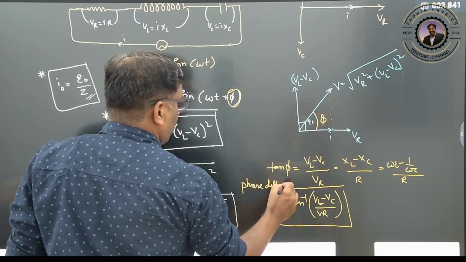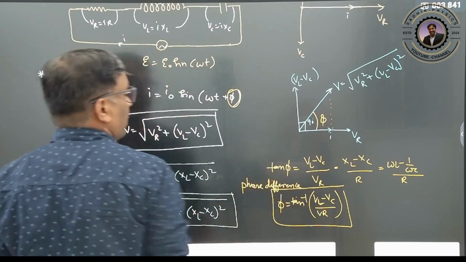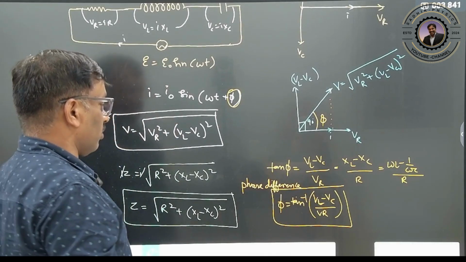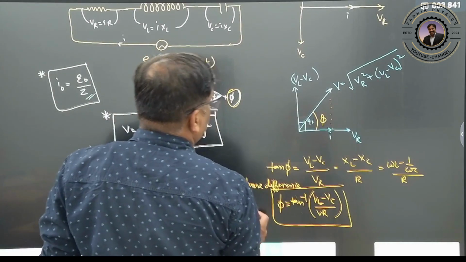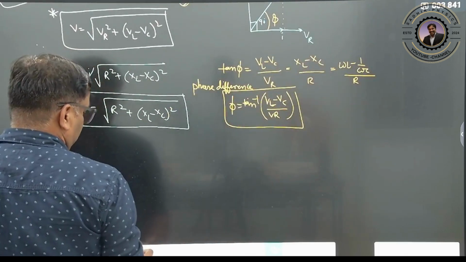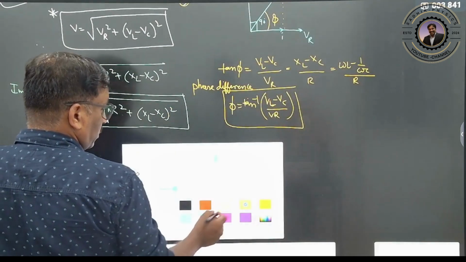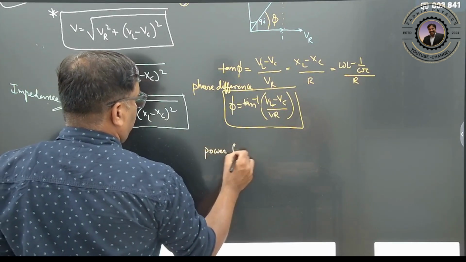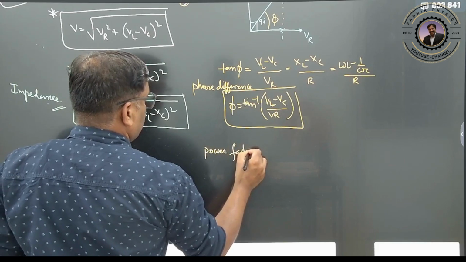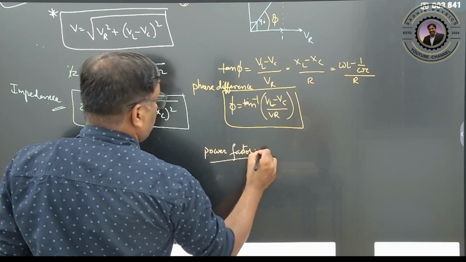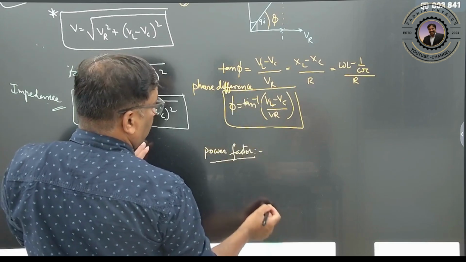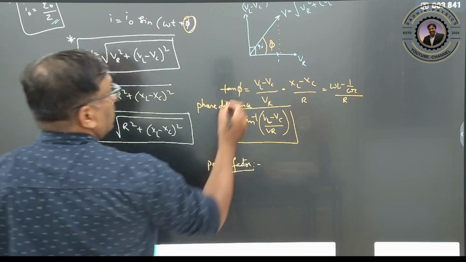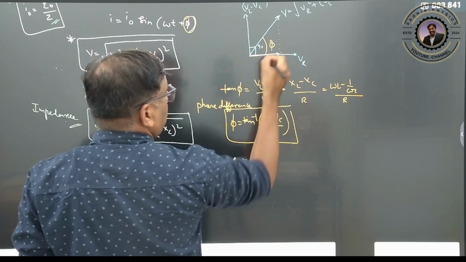Very, very important. In this way we can calculate the phase difference. Understood? So we can calculate what the power factor will be in this one. Here it is cos phi.